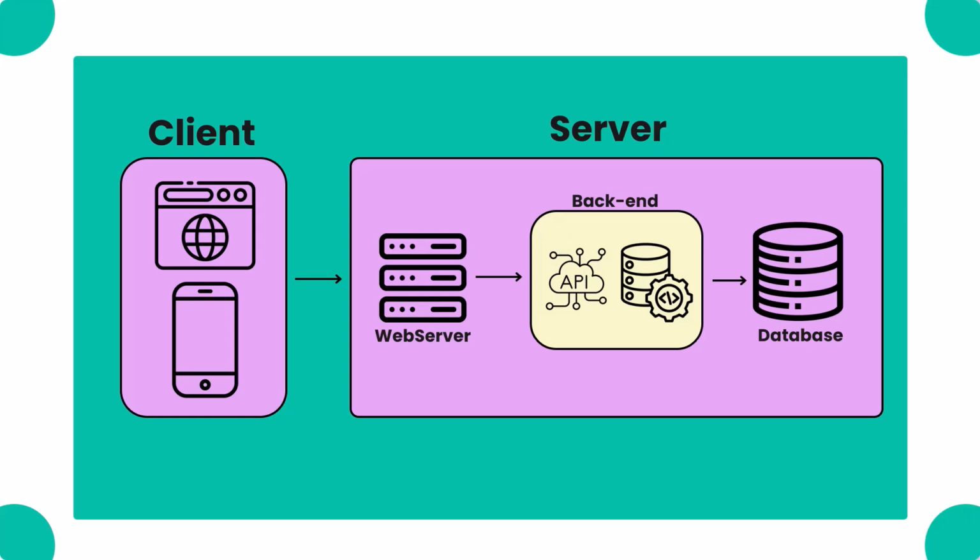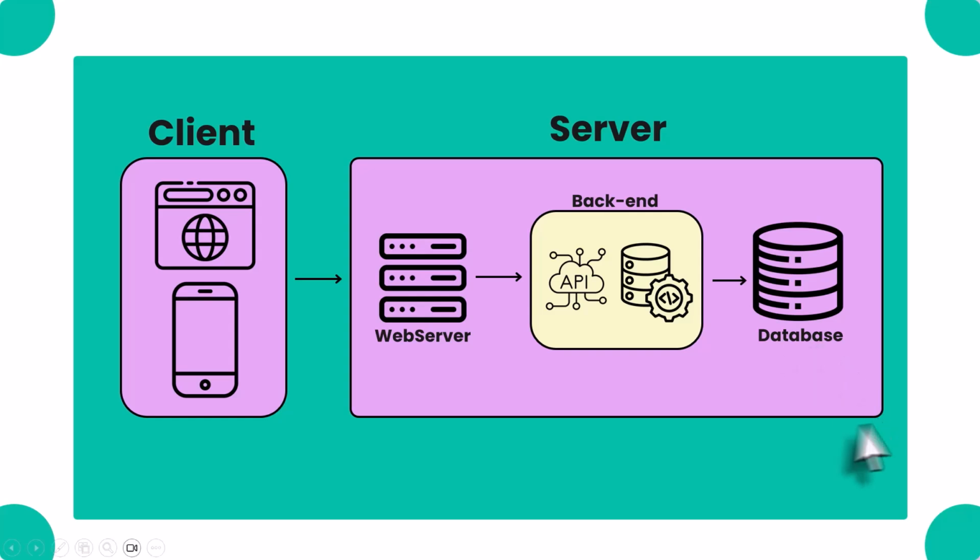And API, as you can see, is also a part of the backend. So we can say API is like a bridge between backend and frontend. API exposes some endpoints through which the client can, for instance, request some data, or run some actions on the server, to, for instance, create something, or delete something, or update something on the server.